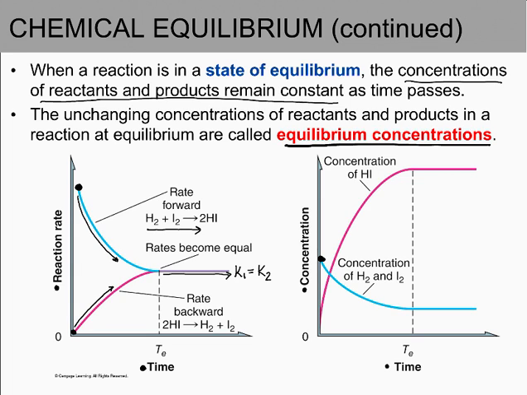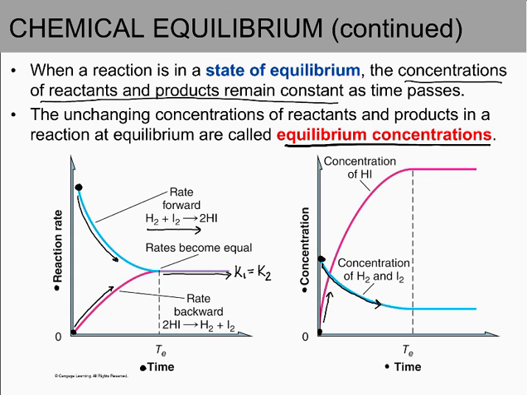And again, once the reaction starts to proceed, the concentration of those reactants will decrease, and we'll start to see some product forming. So initially, the amount of product is 0, but as the reaction progresses, we start to see the amount of product increase. And then at some point, the concentrations of the reactants and products will stop changing.